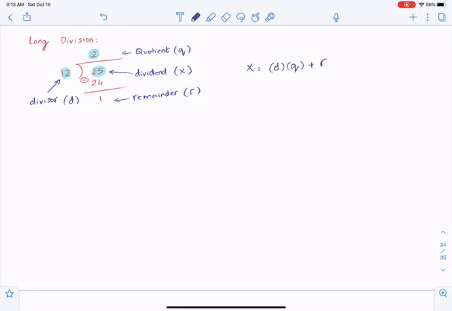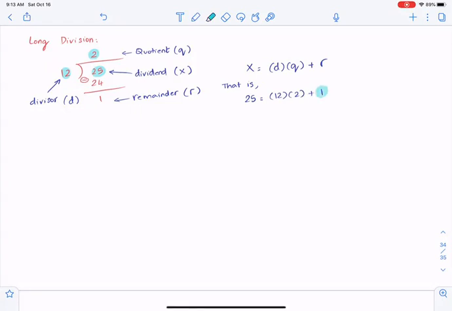That's going to work out for us. So 25 would be equal to 12 times 2 plus 1.